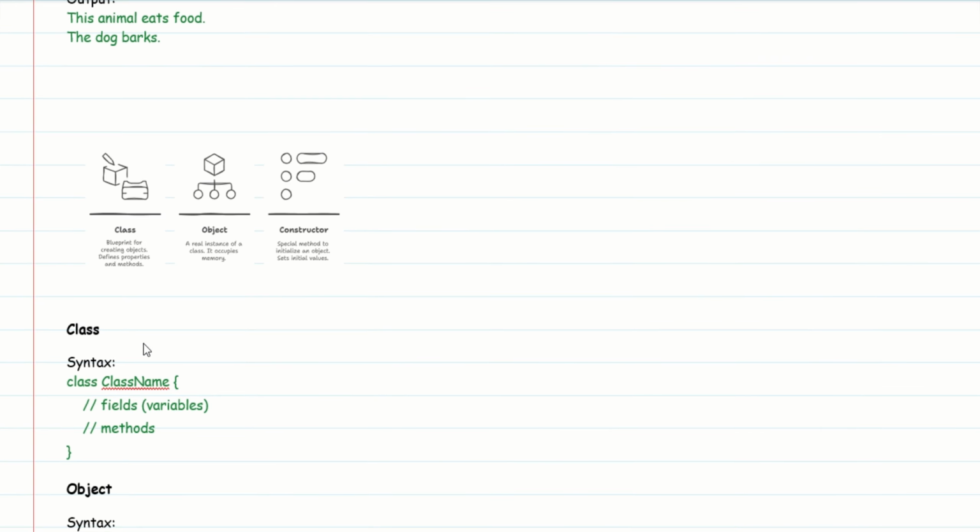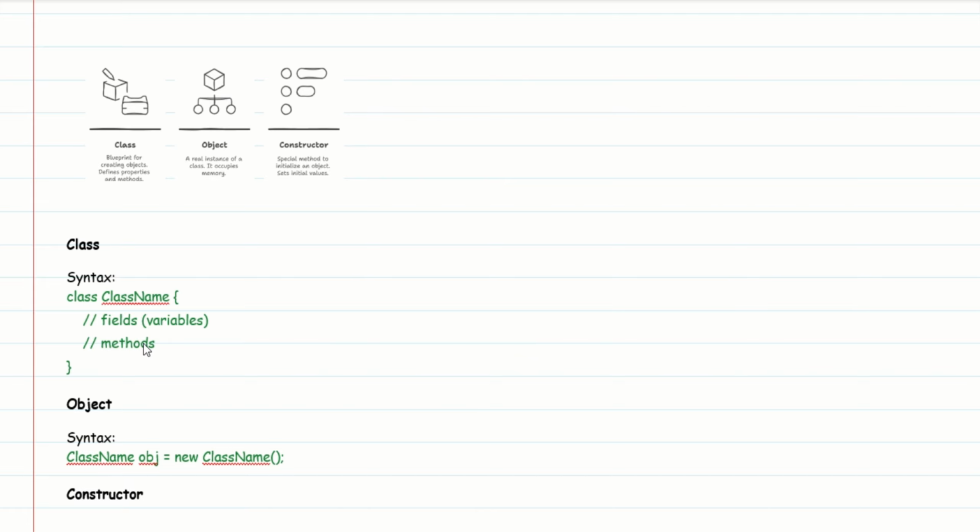Again, we already saw what a class and object are in the previous video. A class is a blueprint or a template for creating objects, and it has variables and methods that describe the behavior and state of the object. The syntax is the class keyword and a class name, with curly brackets, adding fields and required methods.